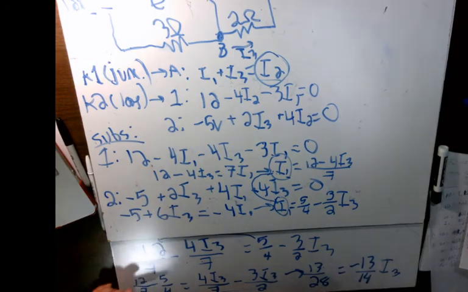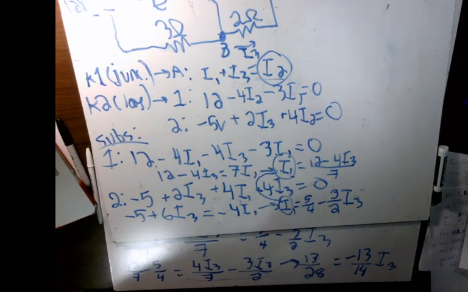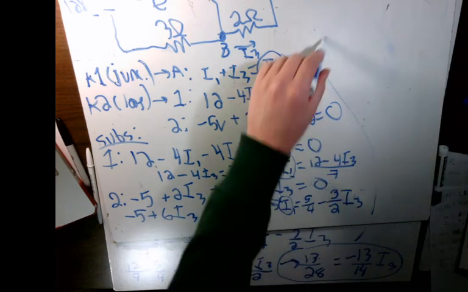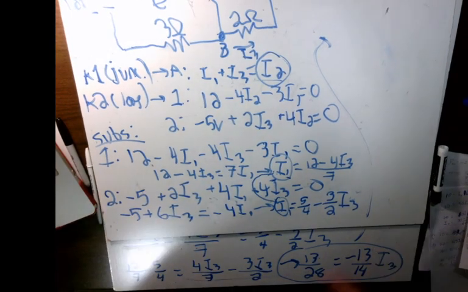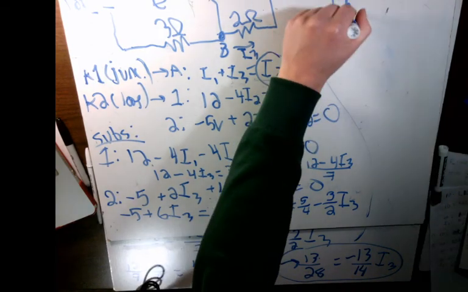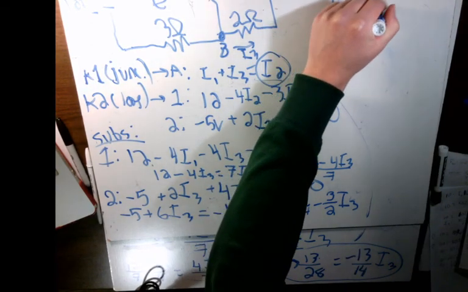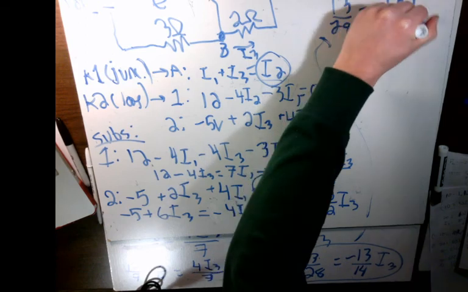So to solve for I3, I'm going to multiply by the reciprocal. I kind of ran out of room, so I'm going to finish this up where I got lots of room over here. 13 over 28 is equal to negative 13 over 14 I3.